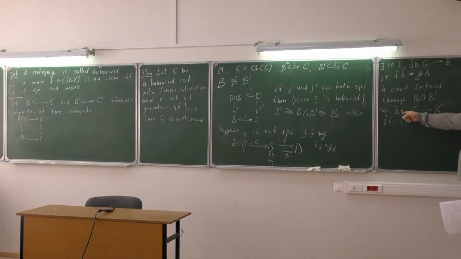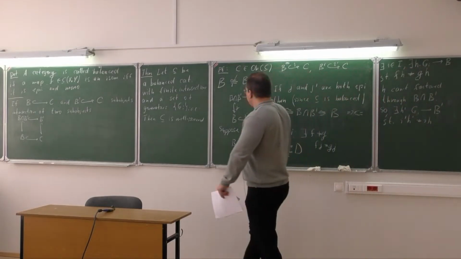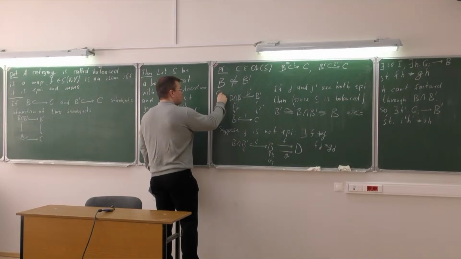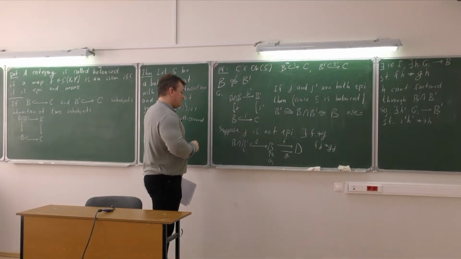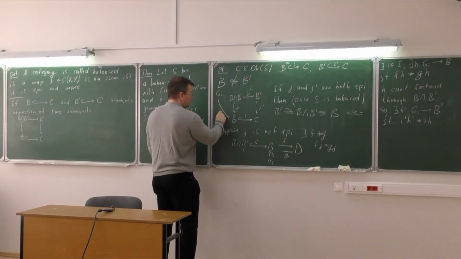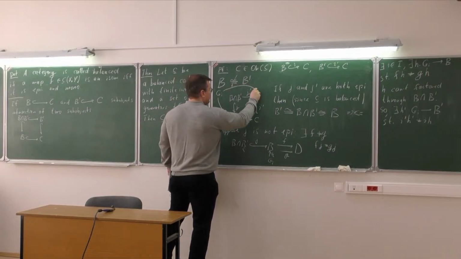Indeed, if I assume that there is such a map H prime, it means that I can go back to this pullback diagram, draw GI here, so there is a map H, so there is a map H prime.